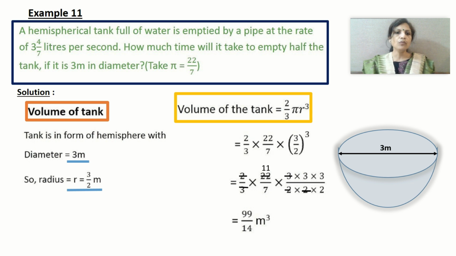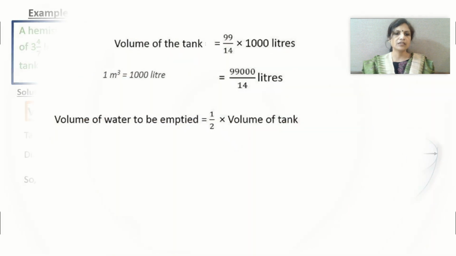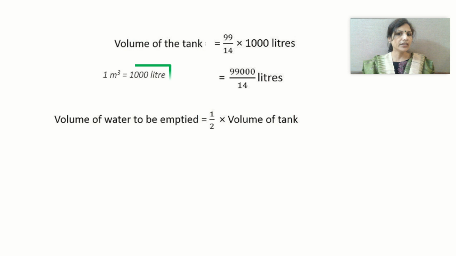So we will first convert this meter cube into liters. 1 meter cube is equal to 1000 liters. So 99/14 meter cube will be equal to 99/14 into 1000 liters, which is 99,000/14 liters. This is the volume of the hemispherical tank.